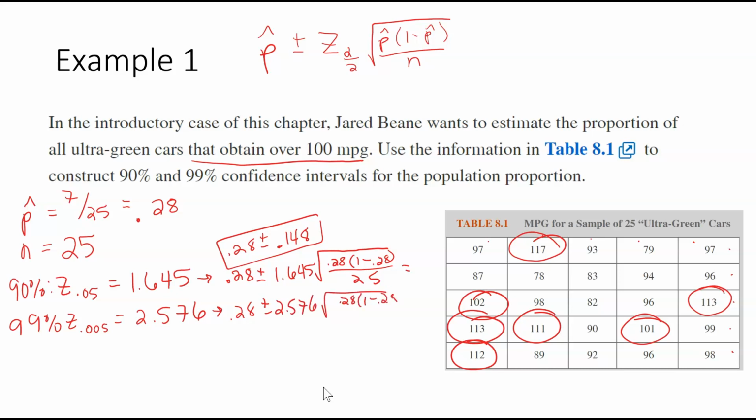I calculate this value, multiply it, and type that into your calculator, and you'll end up with 0.231. So these are the confidence intervals that go with 90% and 99% for this particular proportion.